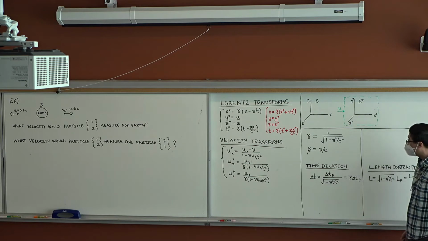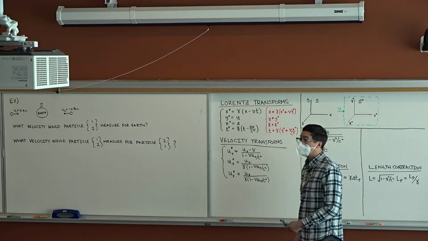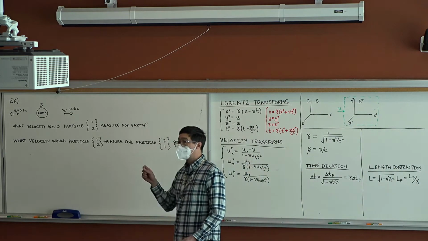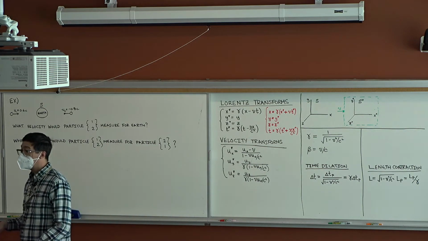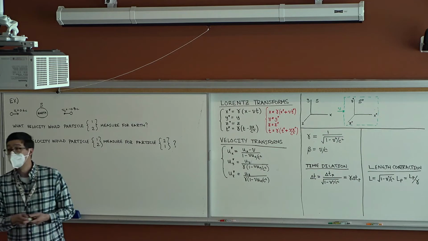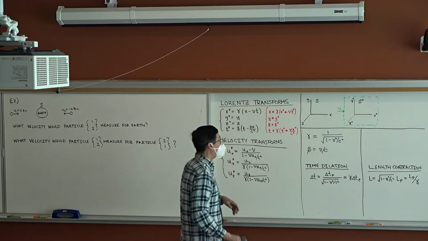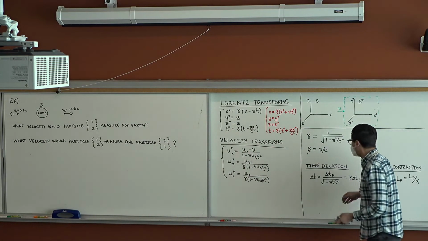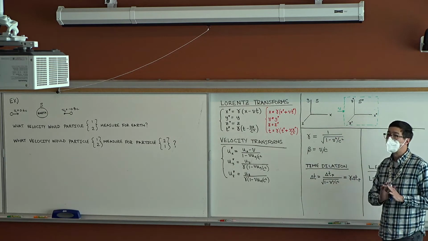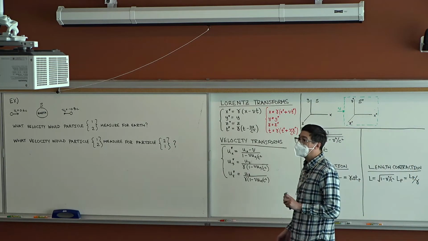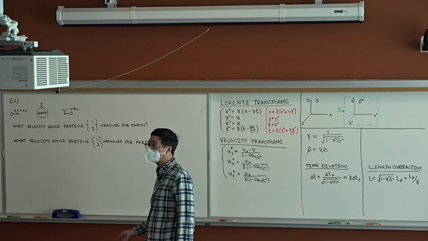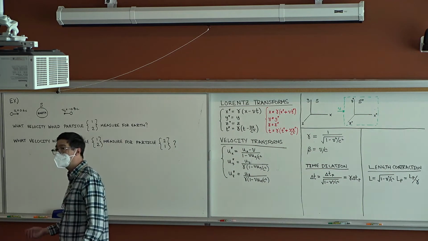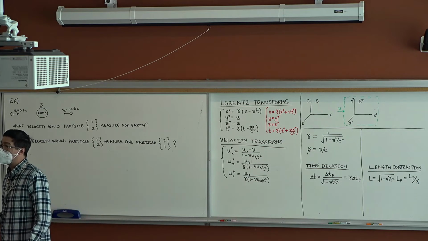What I will tell you is that if an observer sees both events occur at the same location, that observer is measuring something that we're going to call proper time. Proper sometimes connotes like better, the way it should be. I don't want to mean that.